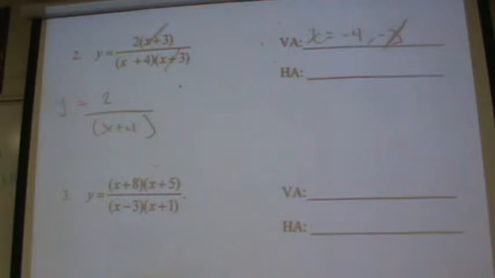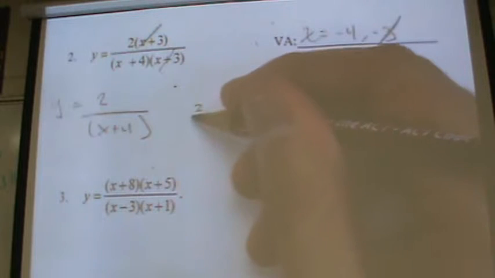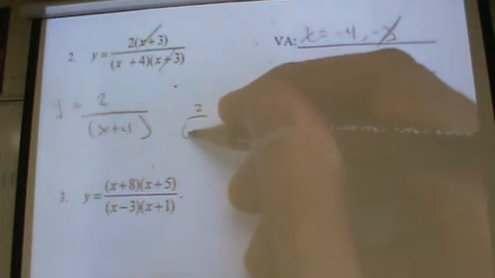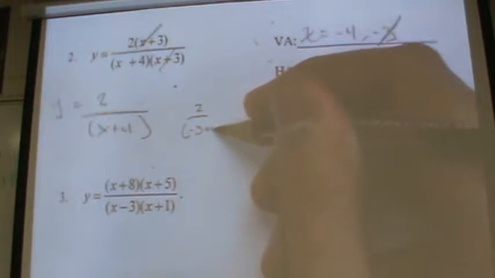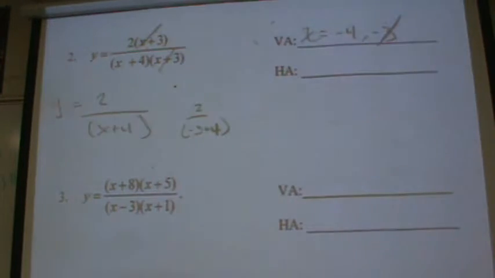So put x equals negative 3 into y equals 2 over x plus 4. To find the hole, you're going to plug negative 3 in for x and evaluate it. What do you get? What's 2 over negative 3 plus 4? 2 over 1, right, so 2. So negative 3, 2 is a hole.